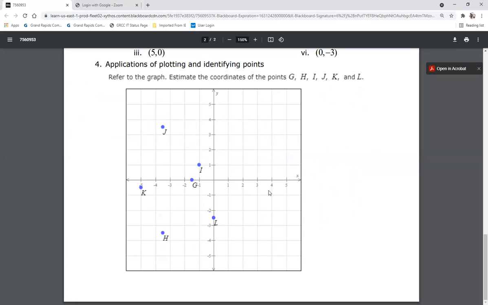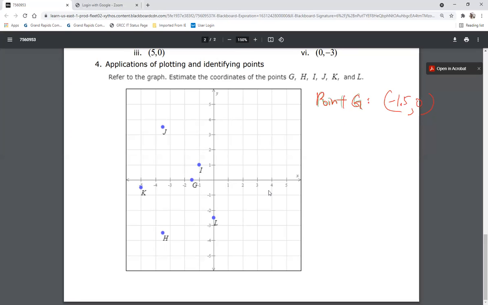First, let's pick out point G. If you start at the origin, point G is going to be (-1.5, 0), because from the origin, all you have to do is go 1.5 to the left, and you don't have to go up or down. So the y value is 0.